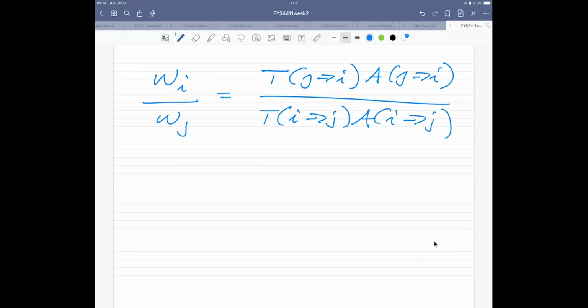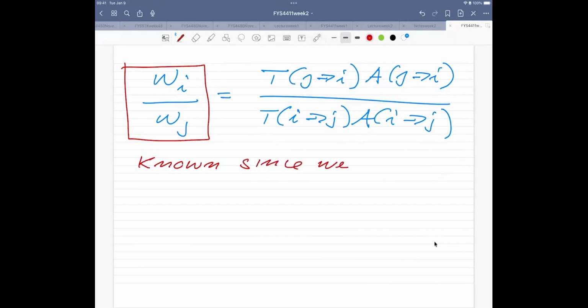Now, the important thing for us is that this ratio is known, since we have a model. So even if it's a complicated model, we do have a model.